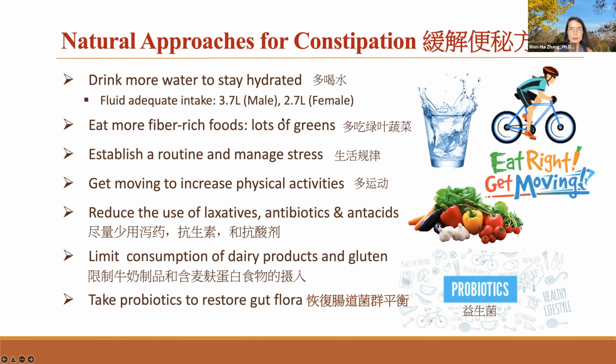Now, how to reduce the constipation? The natural approaches are to drink more water to stay hydrated. The adequate intake averages 3.7 liters, about a gallon, for males and 2.7 liters for females.